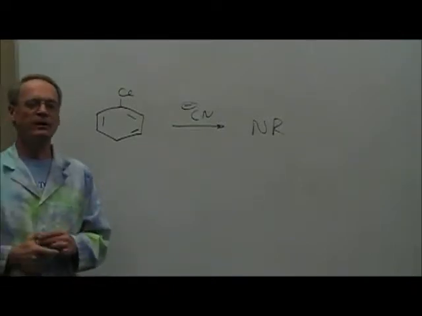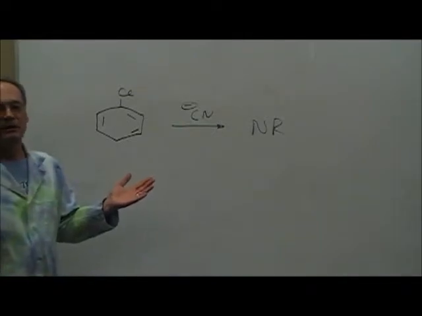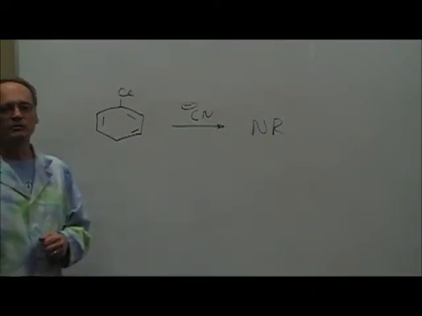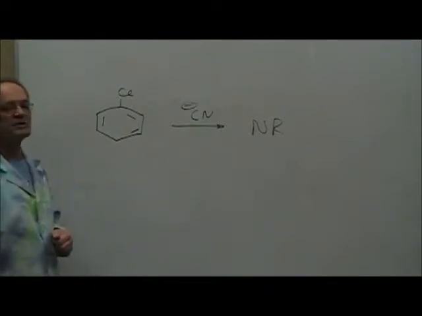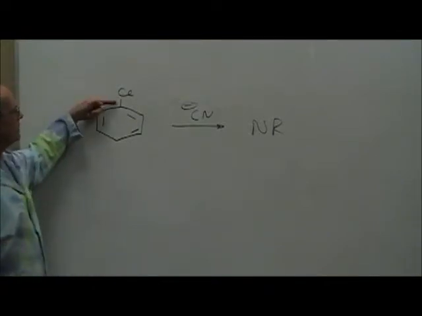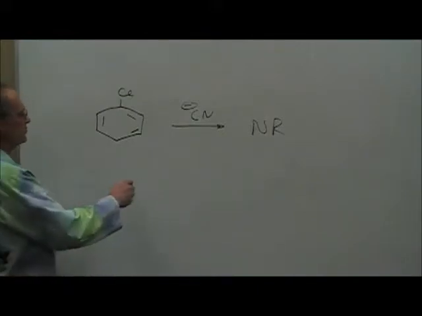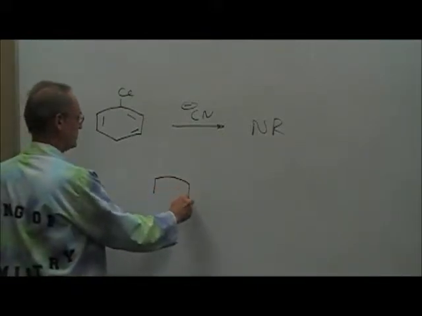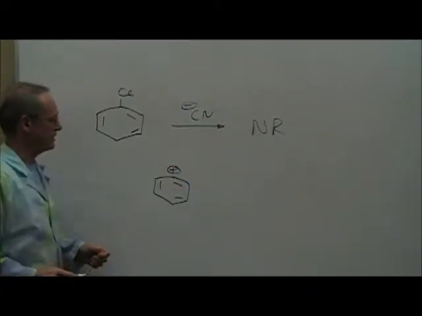Let's think about why that might be. First of all, what would the mechanism have to be? Well, we know of two mechanisms of nucleophilic substitution. They're called SN1 and SN2. If this were to be an SN1 mechanism, it would require the halogen to leave first and leave a carbocation at that carbon. In other words, we would have to have some intermediate in which there is no hydrogen at that carbon.